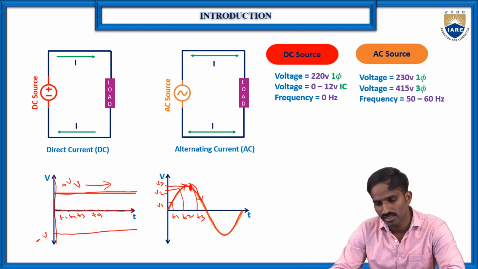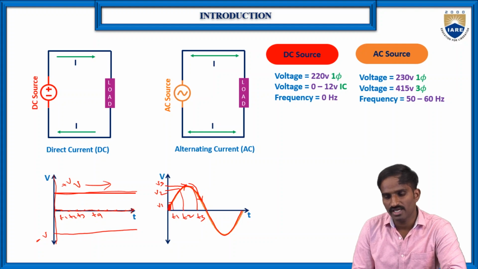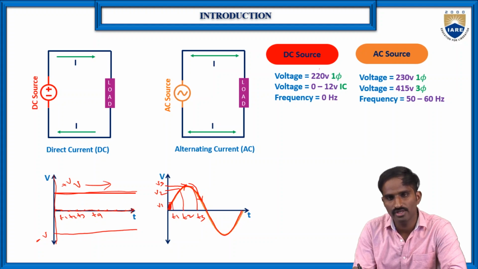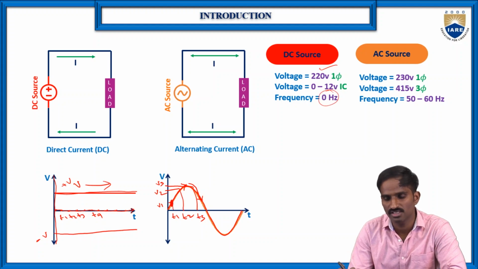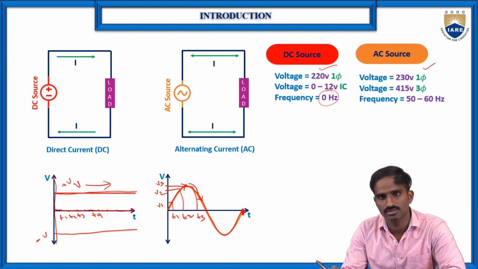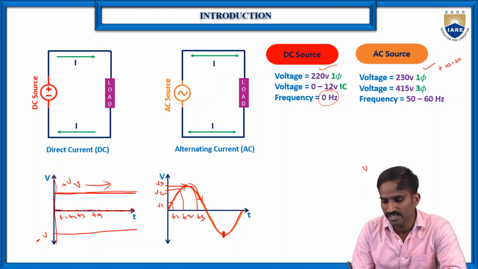Usually the standard voltage of the DC voltage source is 220 volts, and DC doesn't have any frequency. When coming to the AC it is 230 volts, of course with some plus or minus 10 to 20. That's why, in every electronic appliance, the voltage rating is not mentioned as a constant value.